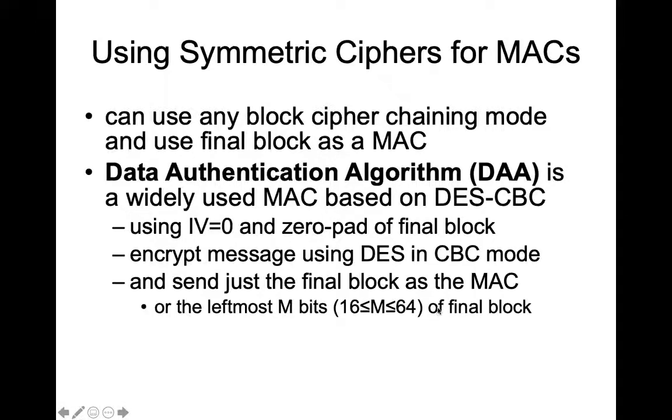Just send the final block, or the leftmost m bits, where m is 16 to 64, depending upon the size of your MAC, of the final block. That is your MAC. Clearly, you cannot reconstruct the original message just given this last block, but that's enough. I mean, MAC does not have to be reversible, unlike encryption algorithms.